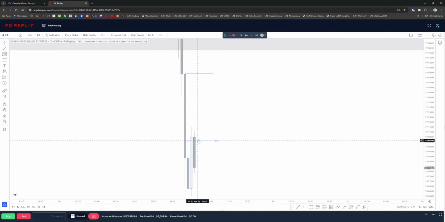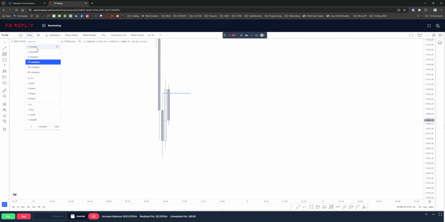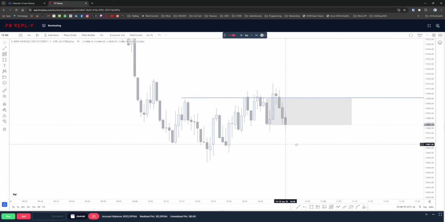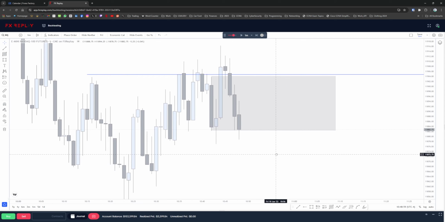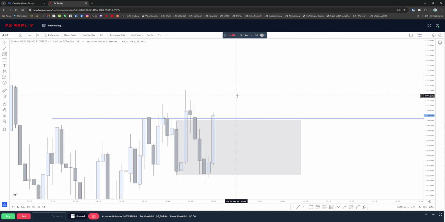Tap this 15-minute. This would be a breaker block. The closure is questionable. We don't close below it. See how it's so important as well to wait for that closure.